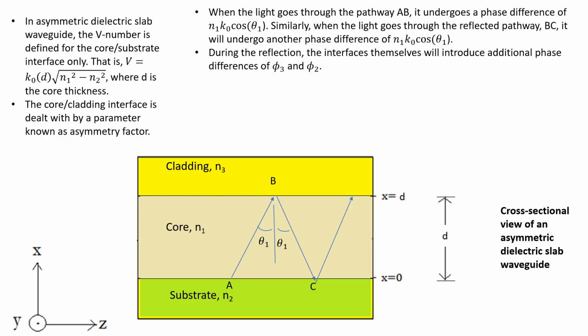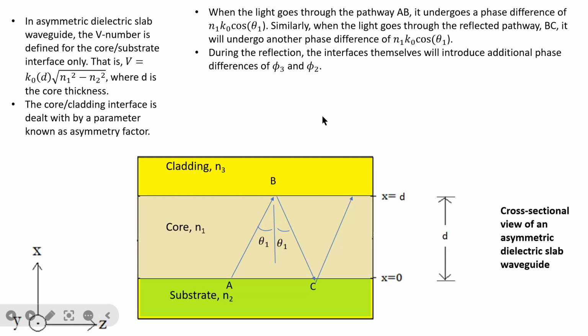And then, at the bottom, through the pathway BC, we end up with the same phase shift. So altogether, we have one phase shift, two phase shifts, and during the reflection, we have one phase shift for B and one phase shift for point C.